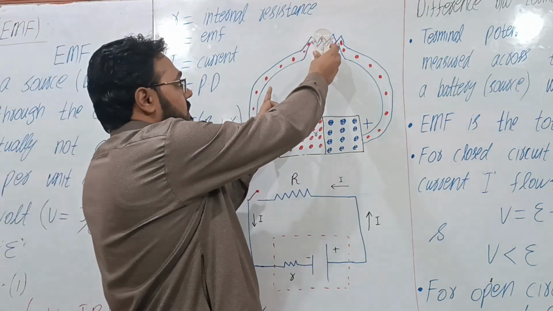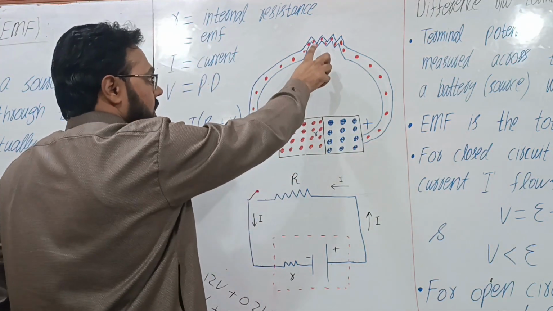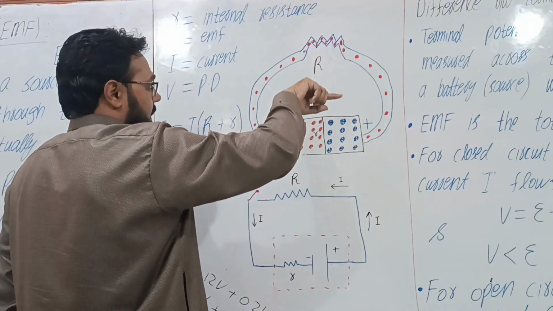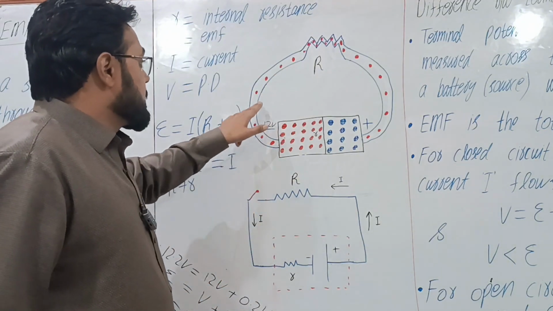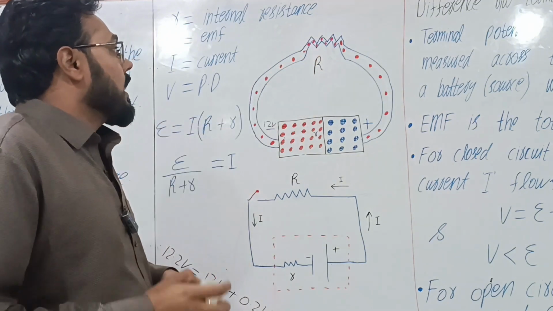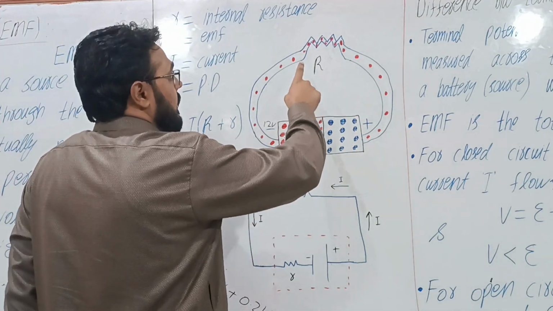When these electrons flow through this very thin wire, which is thin compared to the circuit wire, it collides and the resistance increases.